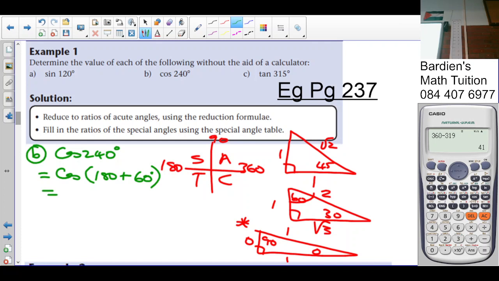Is cos positive or negative in the third quadrant? It's negative. So that's going to be negative cos 60. So again, the 60 degree triangle. What does cos stand for? Adjacent over hypotenuse. So it's 1 over 2. Negative 1 over 2.